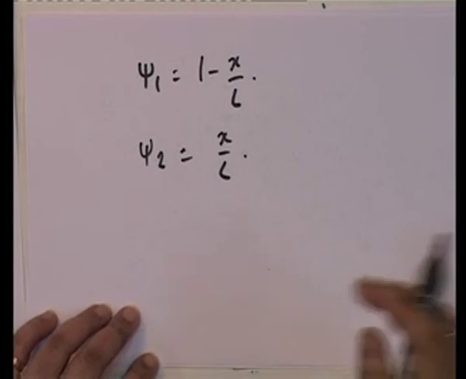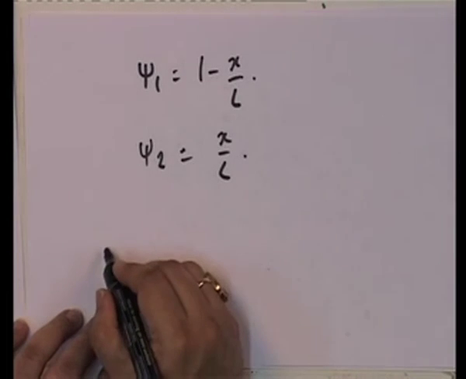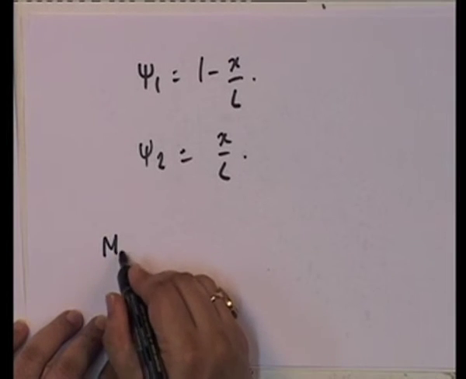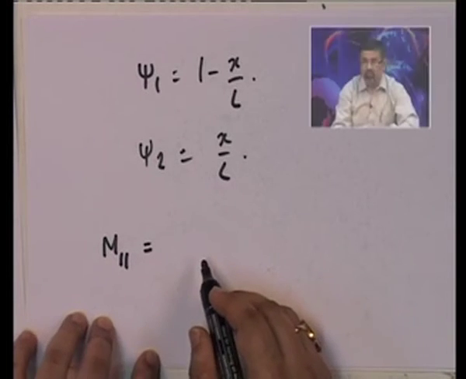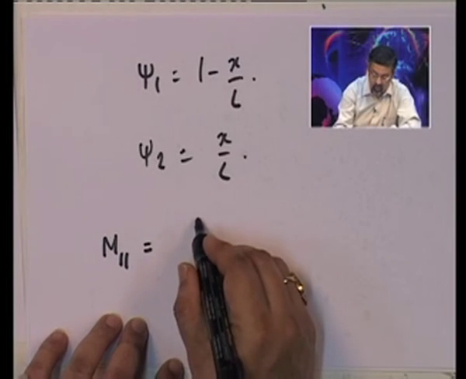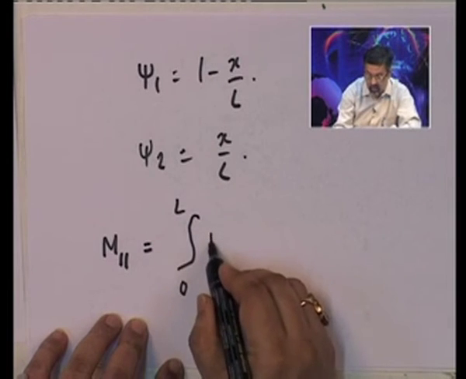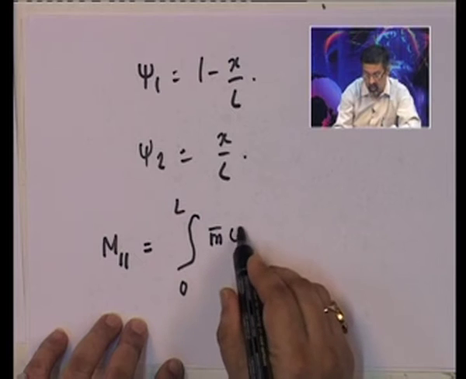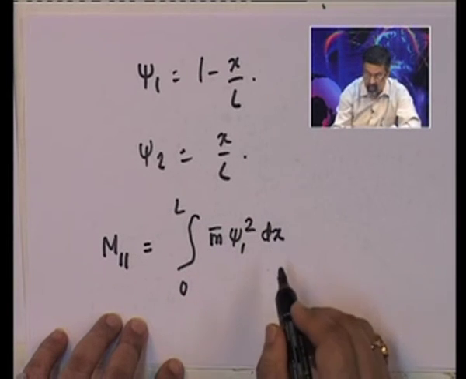Now I know my m bar, my M11. M11 is given by the integral from 0 to L of m bar xi1 squared dx.